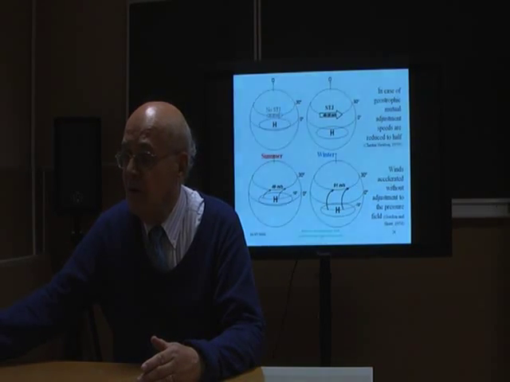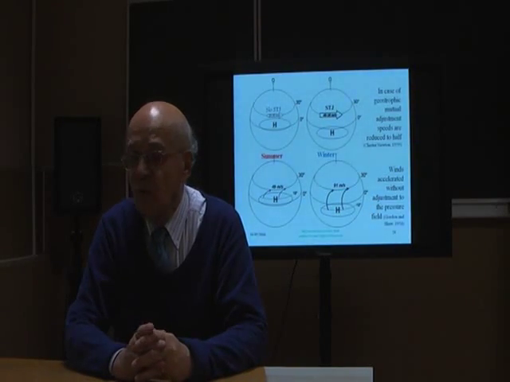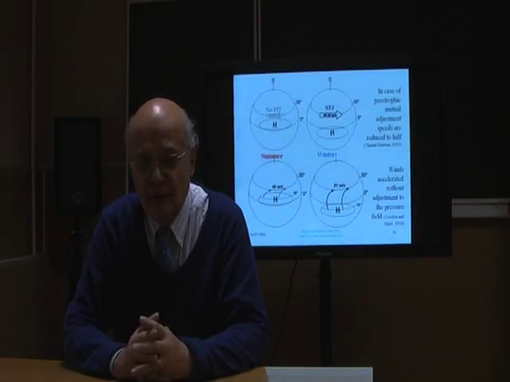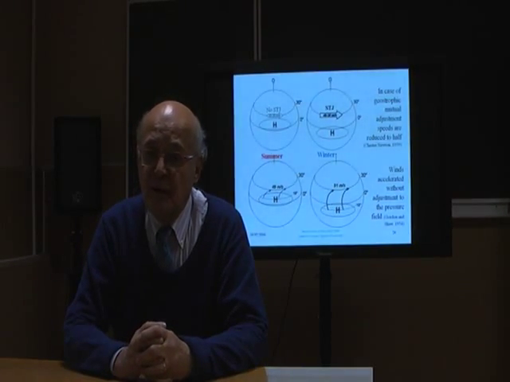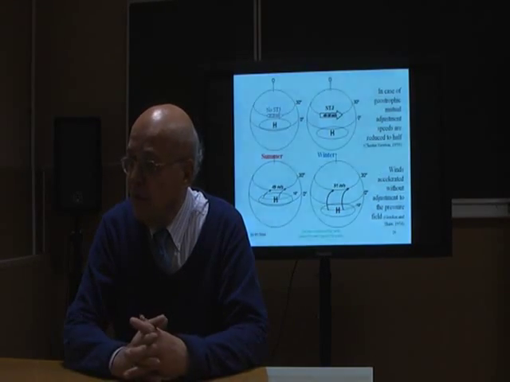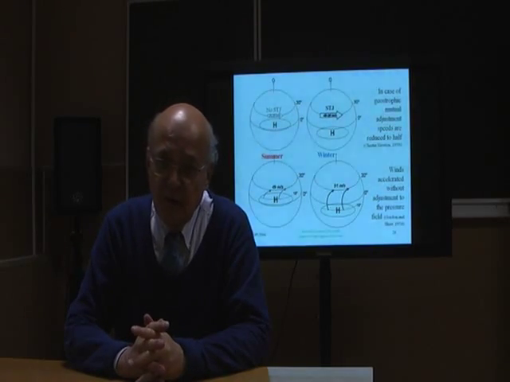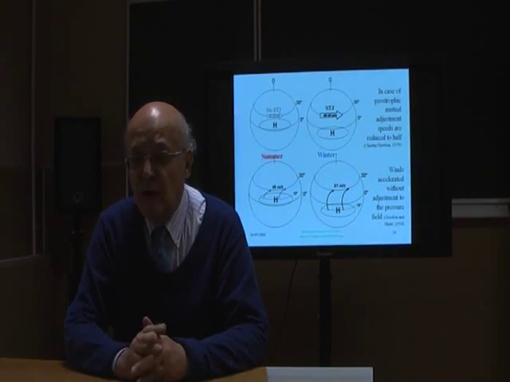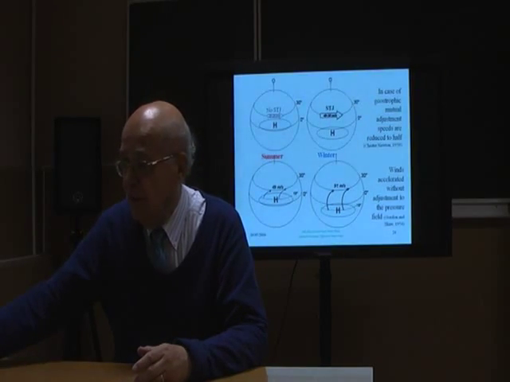However, in the winter hemisphere, the wind would typically be 40-50 meters per second, which agrees fairly well with the observed values of the subtropical jet stream. So this gives a qualitative explanation of why we have a subtropical jet stream, its strength, and why we don't have any subtropical jet stream in the summer hemisphere.